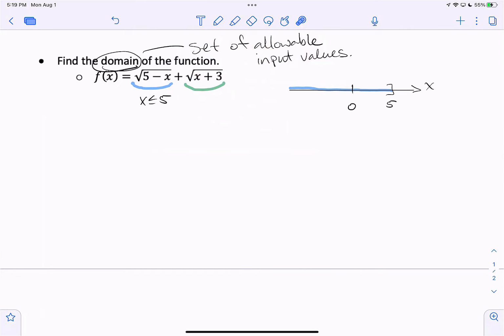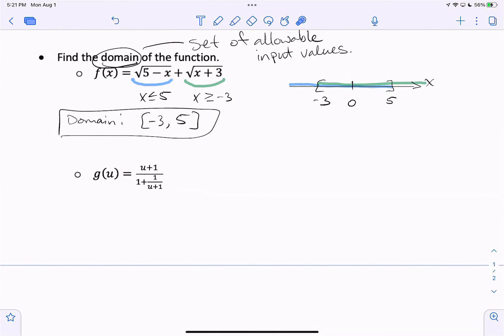When we consider the square root of x plus 3, we're looking at values of x that are greater than or equal to negative 3. And so on our number line, I'm going to mark negative 3, and we're going to consider values that are larger than negative 3. Now, in order for me to put a number into this function, I've got to satisfy both of these simultaneously, which means we're looking at the region of overlap. And so the domain is the closed interval from negative 3 to 5.